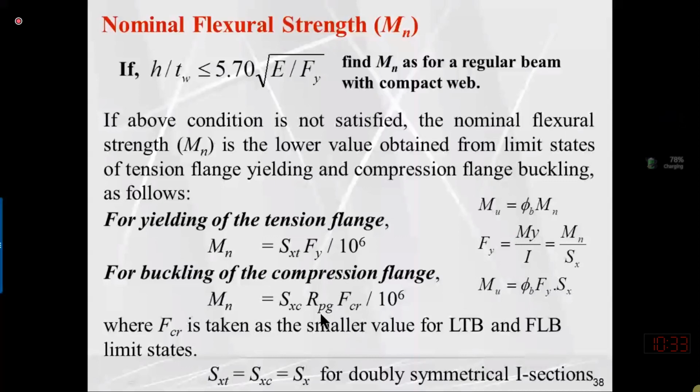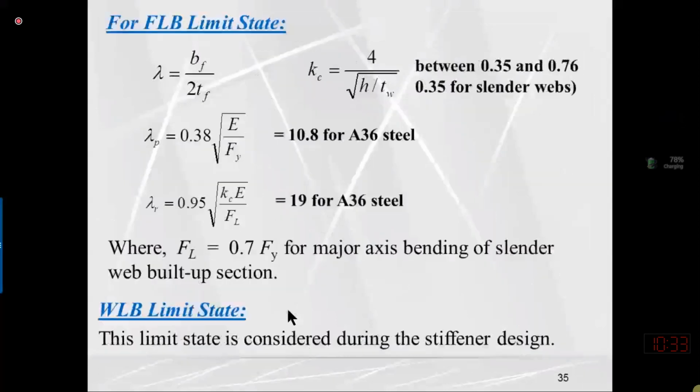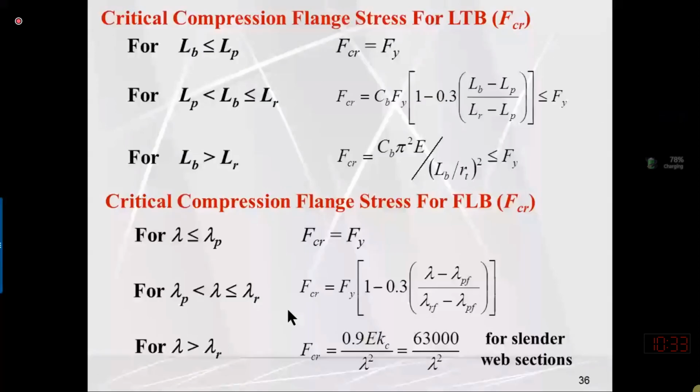So, section modulus, first of all, how can we determine it? I will explain. We can determine section modulus if we know the moment of inertia and divide by the y value. And the RPG value we will determine by this equation.